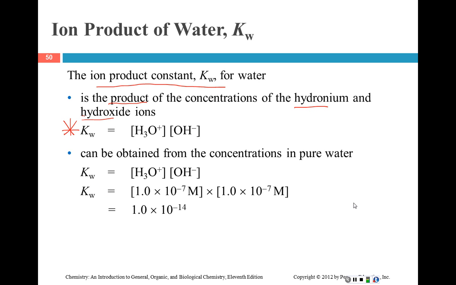If they're both 1 times 10 to the minus 7 molar, then 1 times 10 to the minus 7 molar for the hydronium times 1 times 10 to the minus 7 molar for hydroxide gives you 1 times 10 to the minus 14. Because when you multiply exponents, hopefully you remember this from a math class, you add them together. So 10 to the minus 7 times 10 to the minus 7 equals 7 plus 7, 10 to the minus 14.